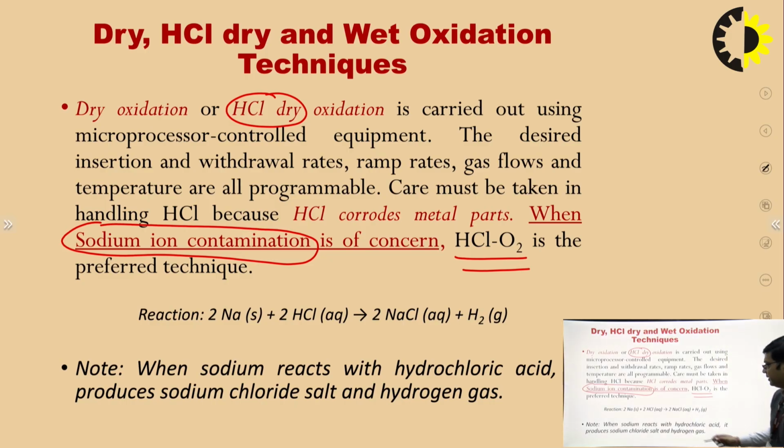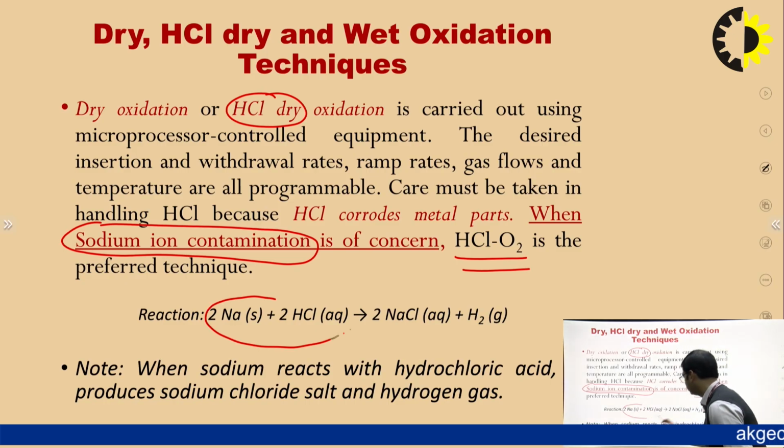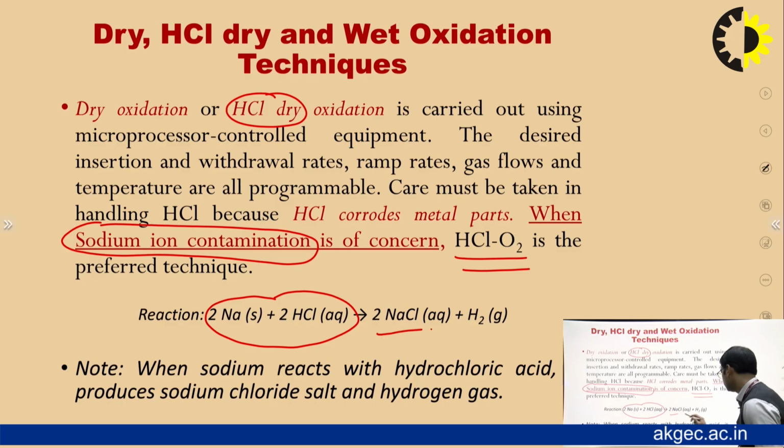In this case, the sodium ions react with the HCl to make an aqueous solution, 2NaCl and H2 gas. So this byproduct can be removed, so it does not contaminate our silicon wafer.